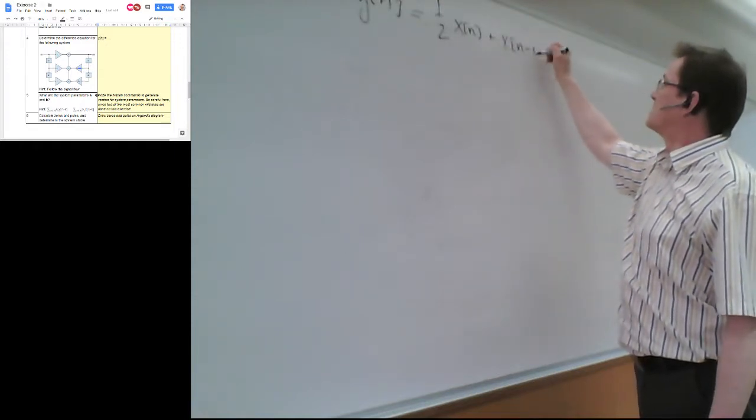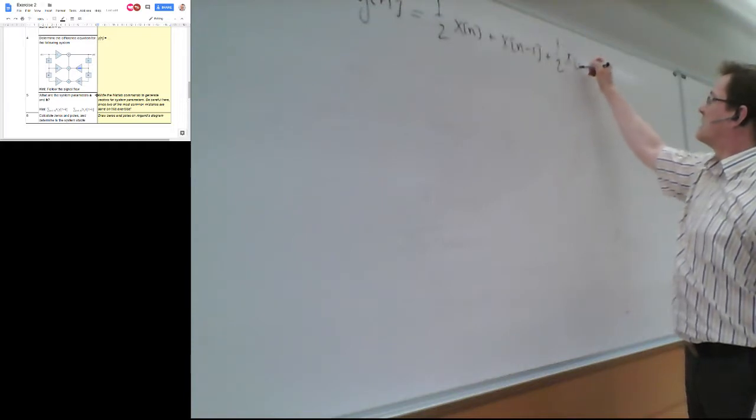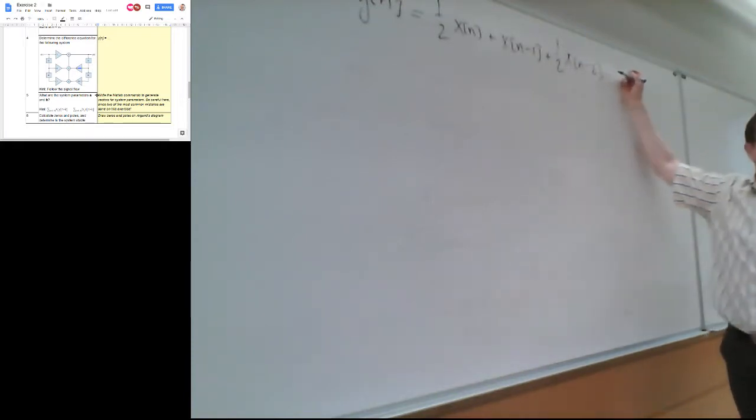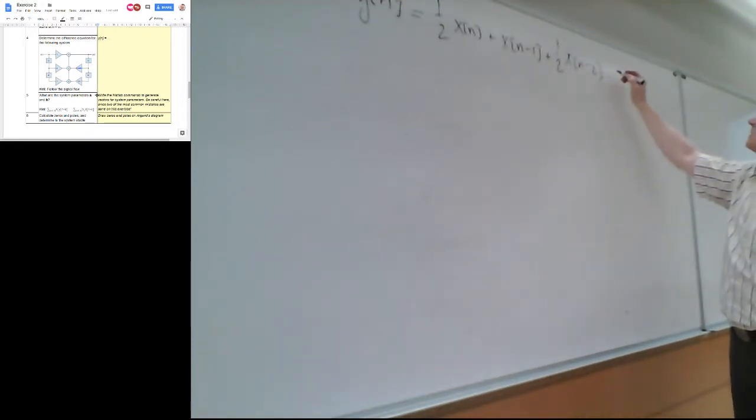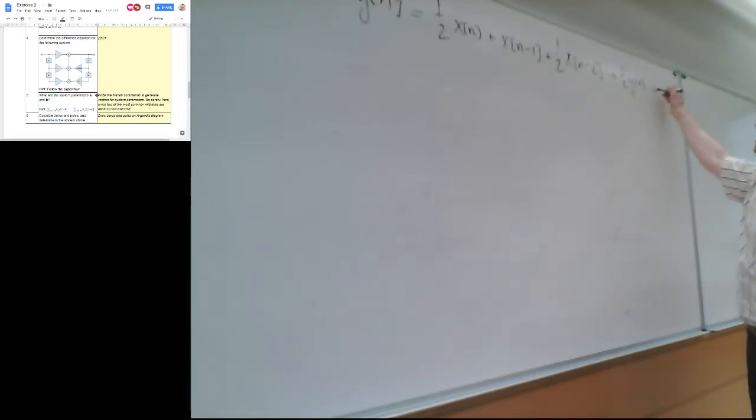half of xn plus xn minus 1 plus half of xn minus 2. Then I have plus half of y of n minus 1 minus 1/4 of y of n minus 2.